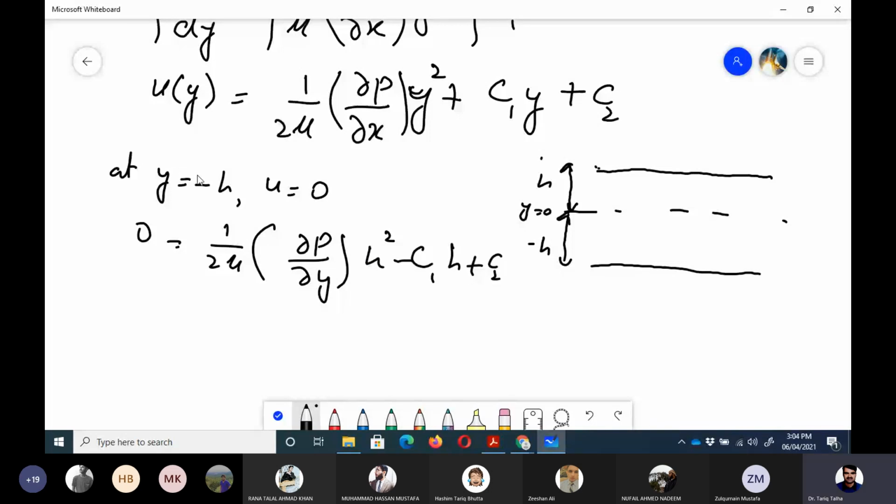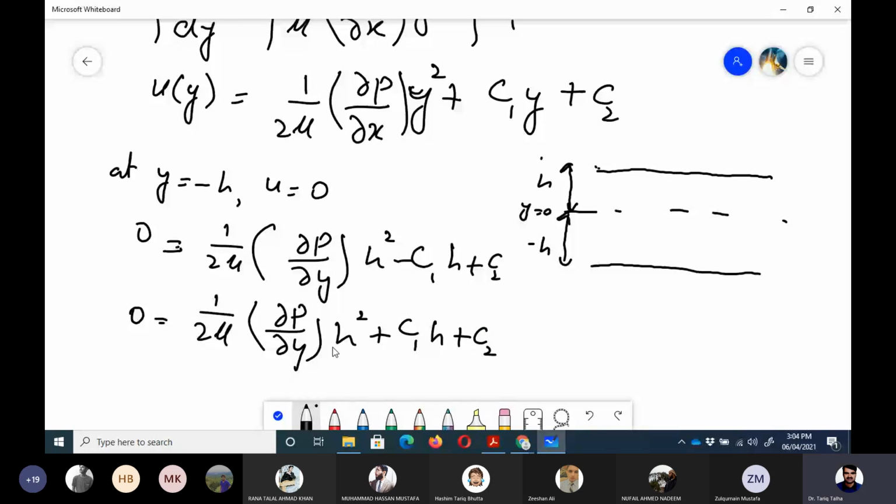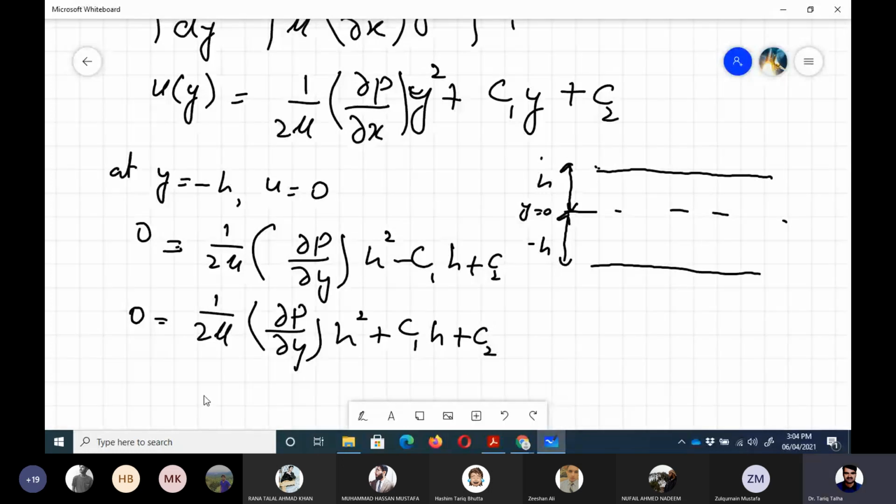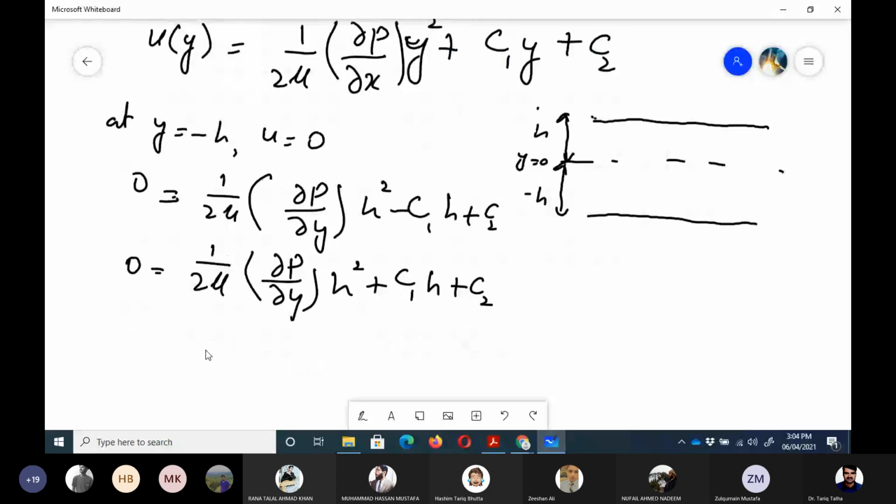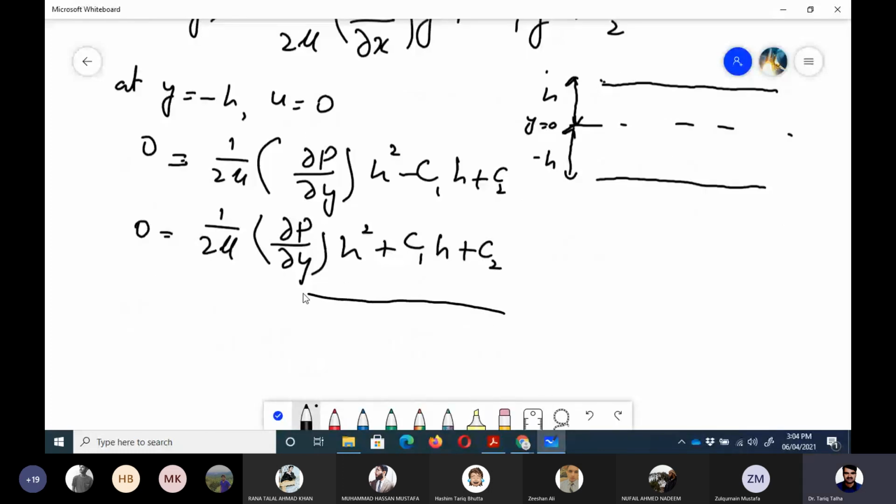The second boundary condition is when y is equal to plus h, u is equal to 0. So we can again write 0 is equal to 1 upon 2 mu partial p by partial x h square plus c1 h plus c2. Now if we subtract these two equations, these terms become 0.